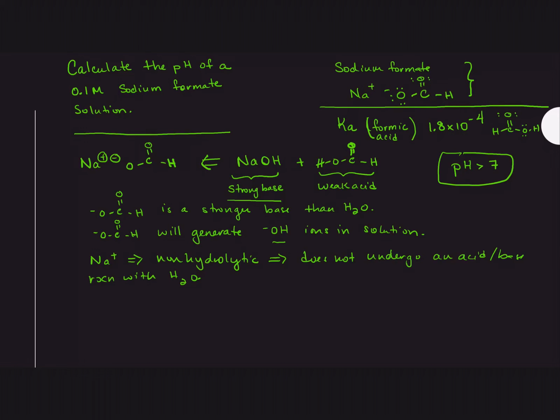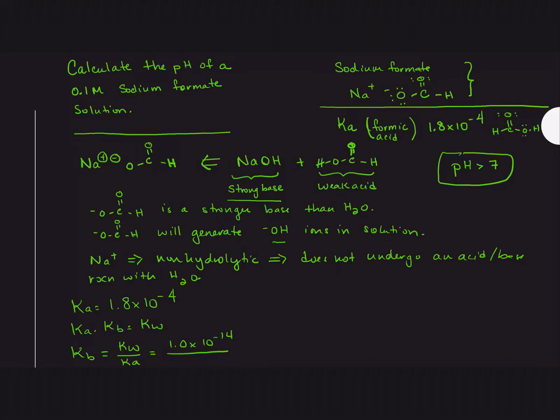The next step is we know that Ka for formic acid is 1.8 times 10 to the minus fourth. We can use our expression that we derived in class, Ka times Kb equals Kw, to determine the conjugate base Kb value. We would just say Kw divided by Ka, and we're assuming room temp, and that will be true for almost all of these equilibrium problems.